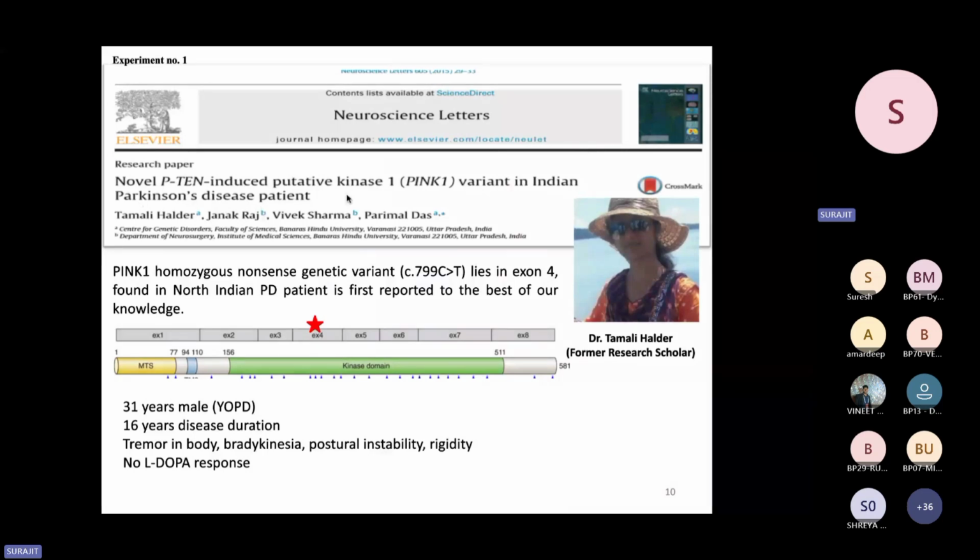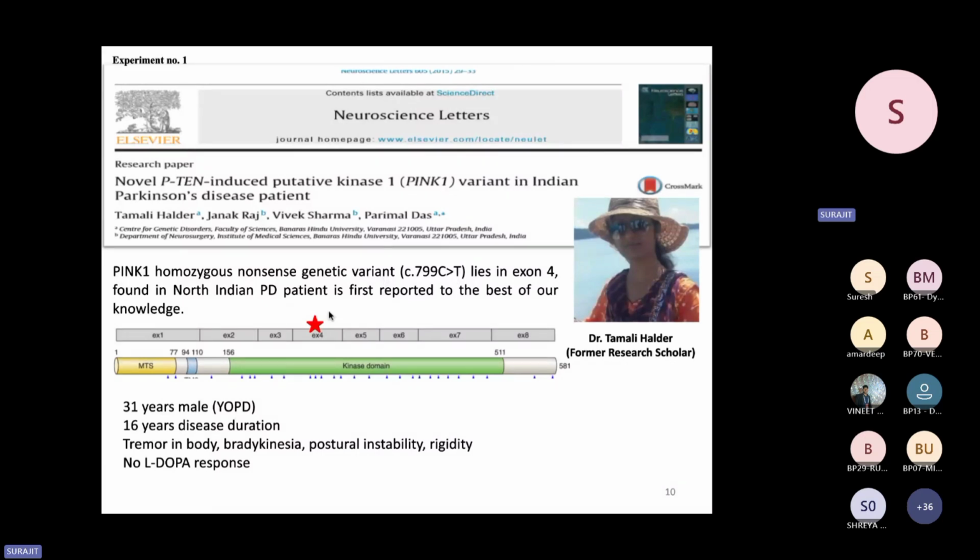In this case, 114 patients were screened for the PINK1 gene, of which 1% were found to be carrying a novel variant at position 799 in the cDNA of PINK1, C to T. It is a nonsense mutation and causes a stop codon instead of a glutamine codon.